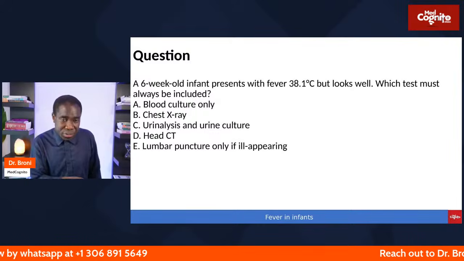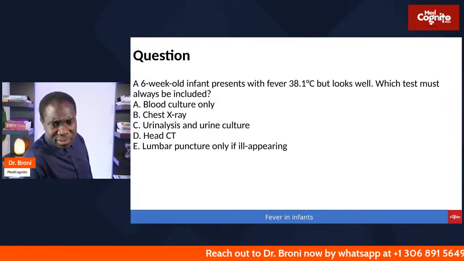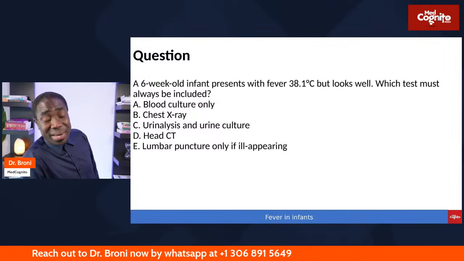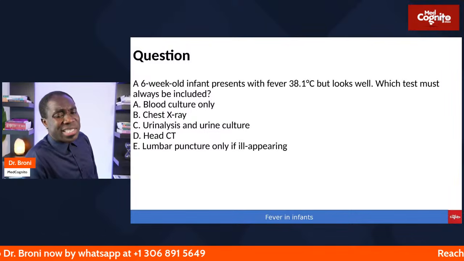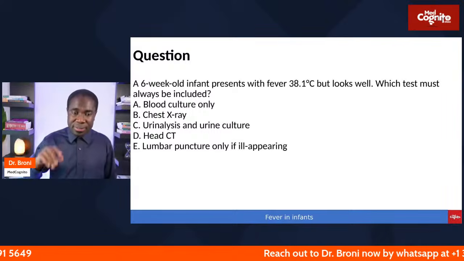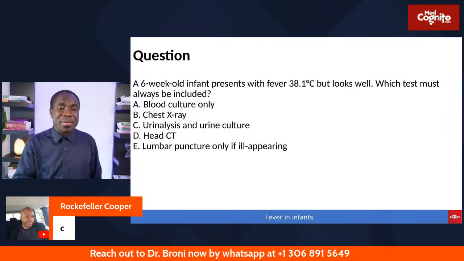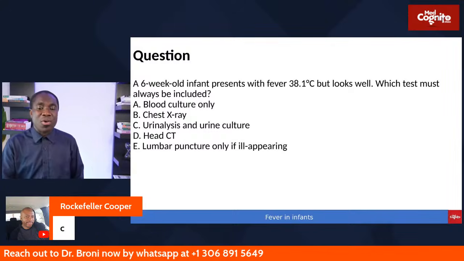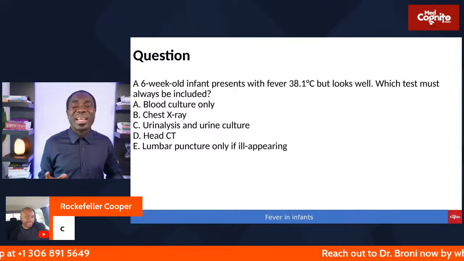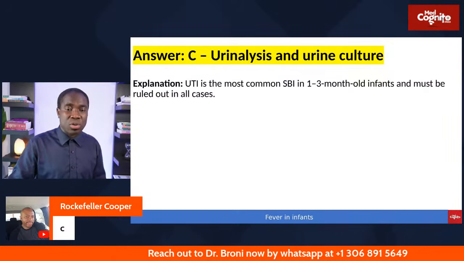This is a beautiful question. You have a kid, 6 weeks. Temperature is 38 degrees Celsius, but the child looks well. Which test must always be included in this group of patients? Oh, Dr. Rockefeller, you're making me very, very happy. He went for urinalysis. You have a kid, even though the kid looks well, but the temperature is high. Which test must you always include?